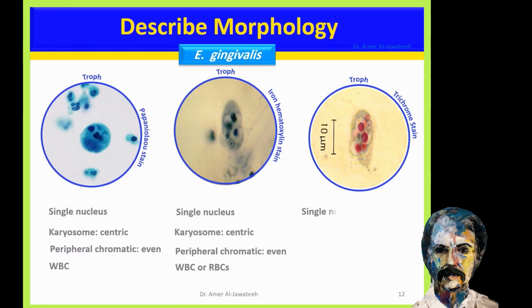So if I ask you, which Entamoeba has white and red? Gingivalis. Which Entamoeba has red? Histolytica. So these things you have to keep in mind. Karyosome centric, peripheral chromatin even, white blood cells, the red arrows here.